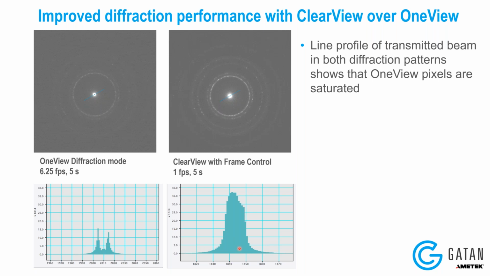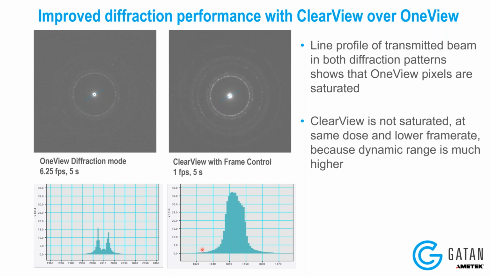When we plot the line plot at the same position using the same imaging microscope conditions, there's no saturation in the center spot, and you can see this mostly Gaussian shape in the diffraction spot has much more intensity in it compared to the OneView camera.